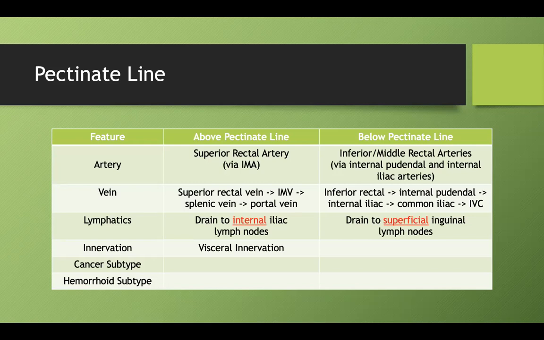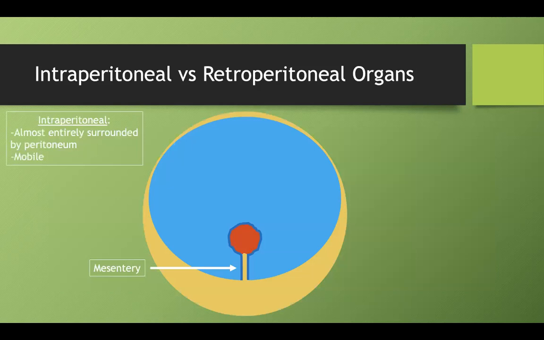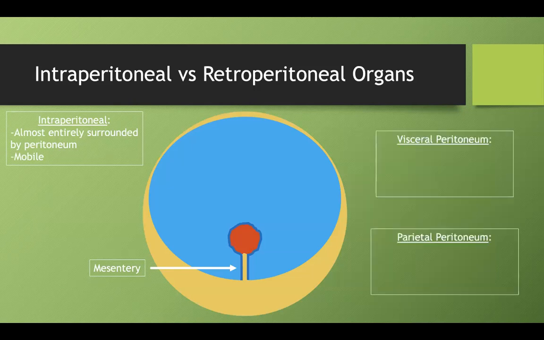If we talk about innervation, if you're above the pectinate line, it's going to be innervated through visceral innervation, whereas below will be innervated with somatic innervation. And again, the difference between visceral and somatic, if we go back to our GI intro lecture, where I talk about intraperitoneal versus retroperitoneal organs, I discussed these differences.